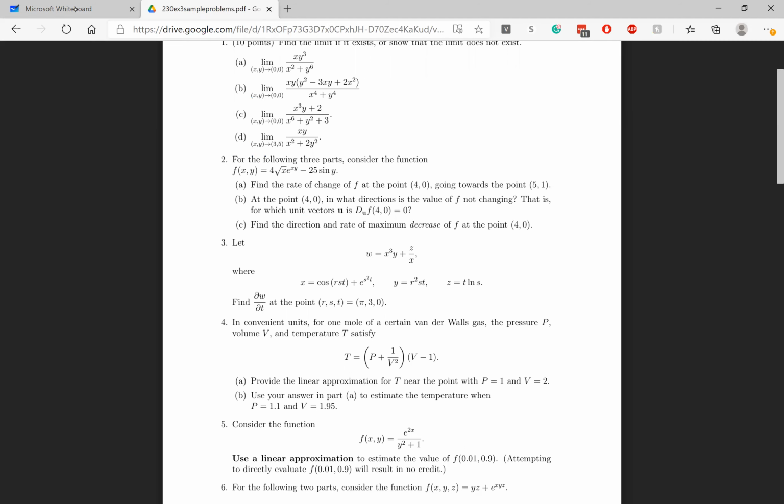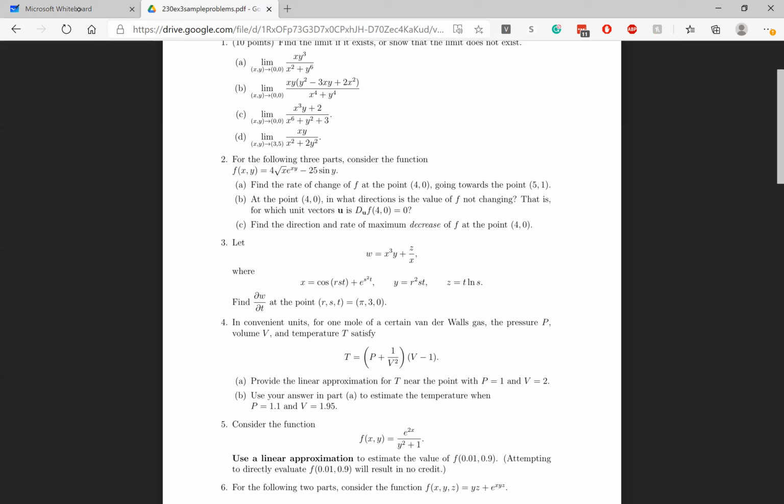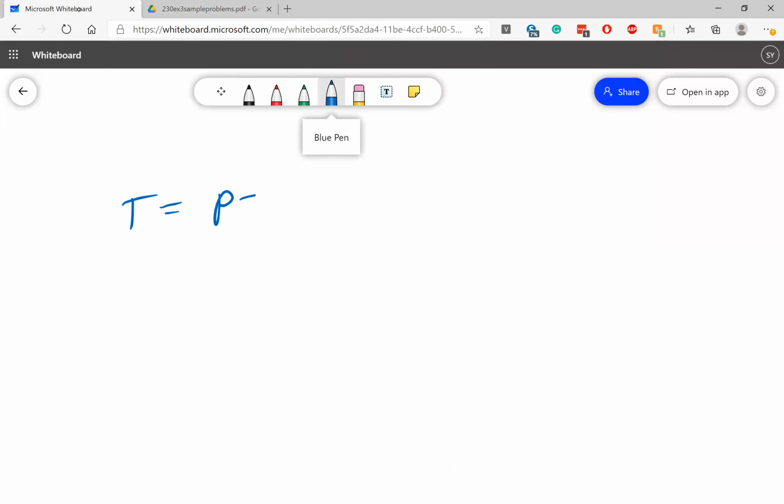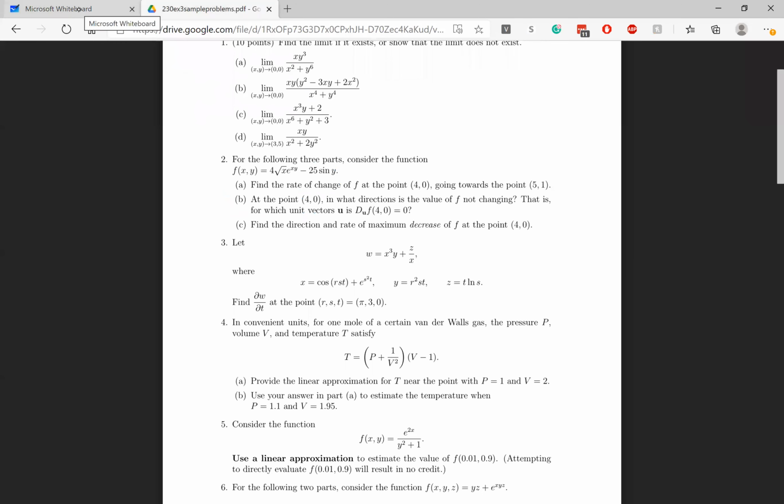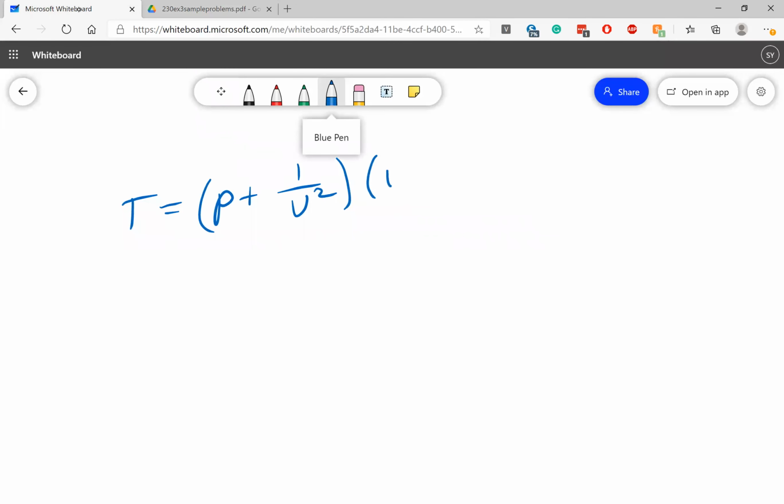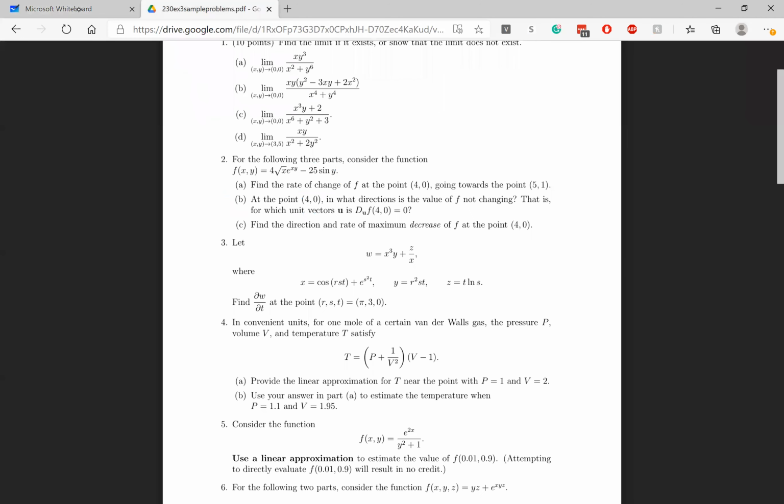Okay, so now fourth question. They say that the blender was gas. We have pressure and volume and temperature satisfied. So let's write that down. T is equal to (P + 1/V²)(V − 1).